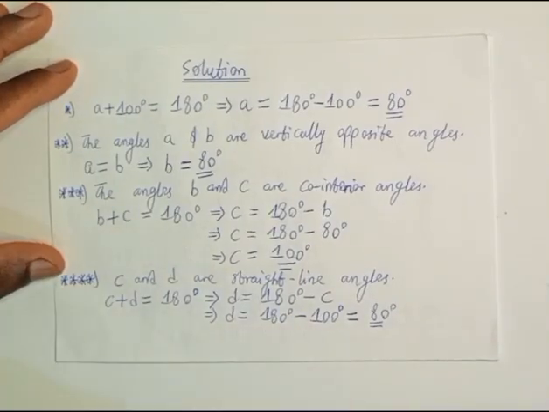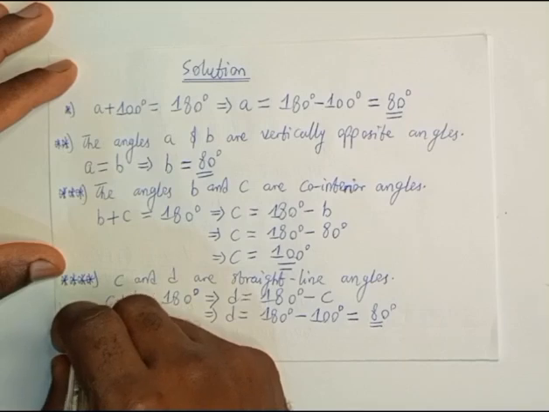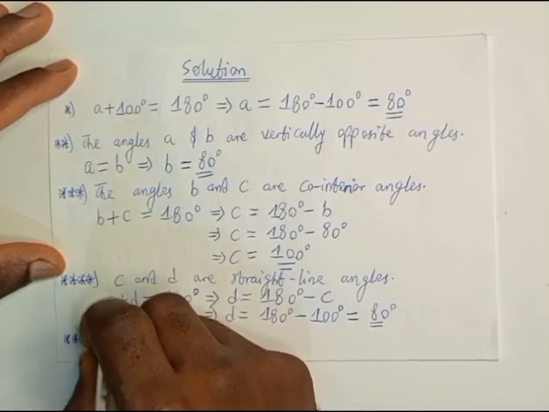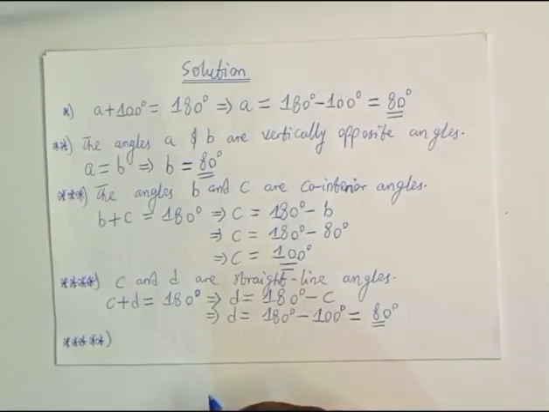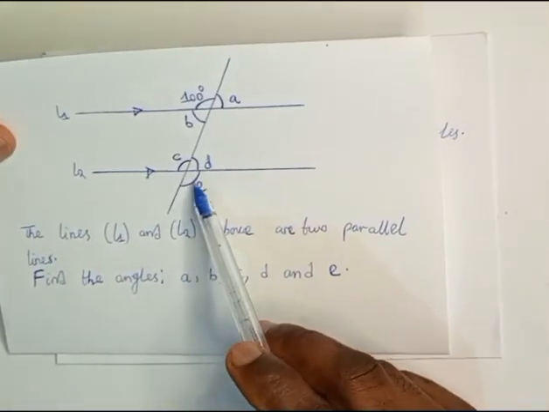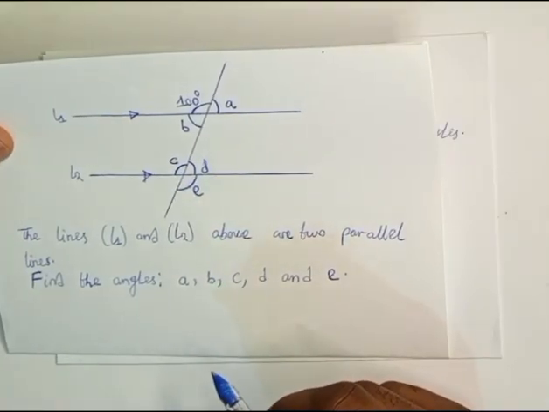We have to find the angle E. Take a 5 star. For us to find the angle E, the angle E and the angle C, they are vertically opposite angles. That means they are equal.